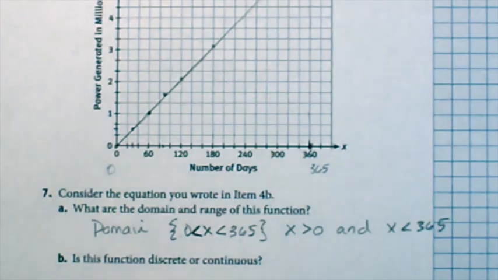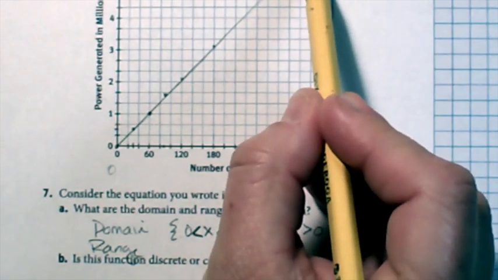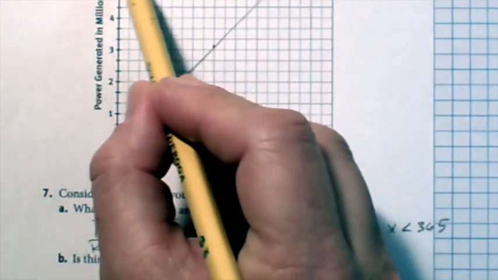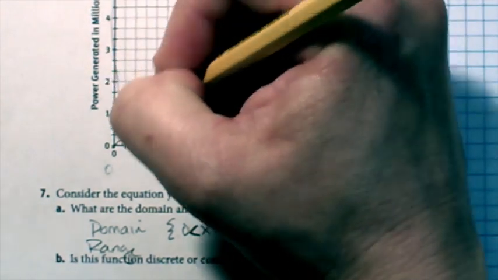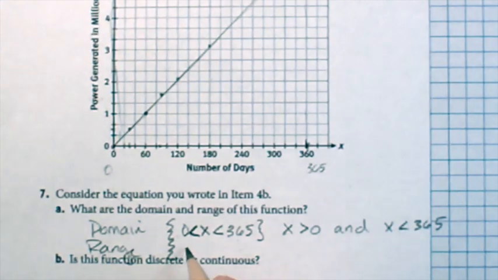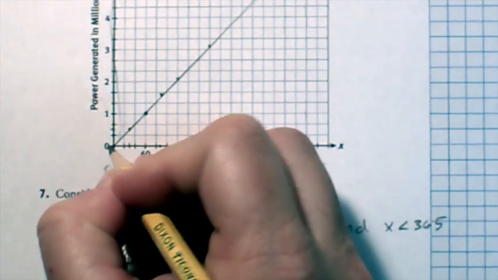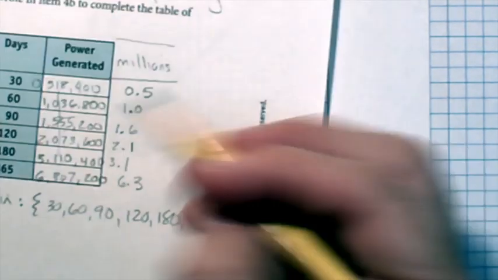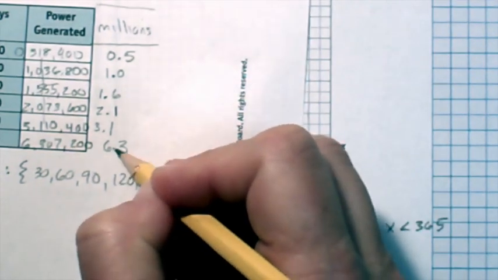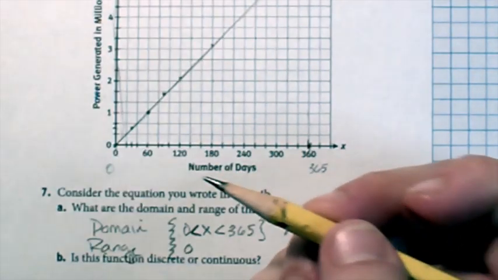All right, how about the range? Well, again, the range, we're going to be looking at the y values. So now we're going to drag these across and look at what part of this y-axis is covered here. Hopefully you can see that we're starting at 0. And then the biggest number we had was 6.3 million kilowatt hours.